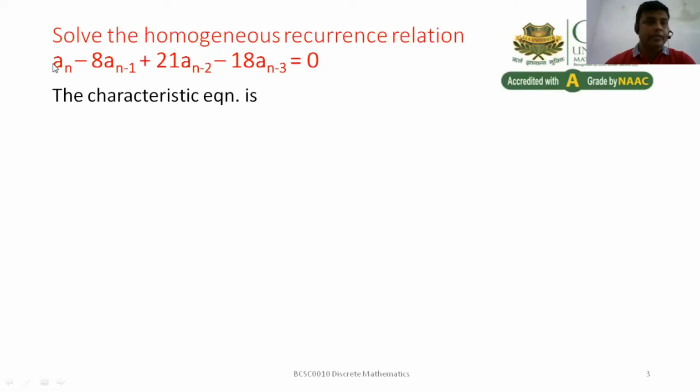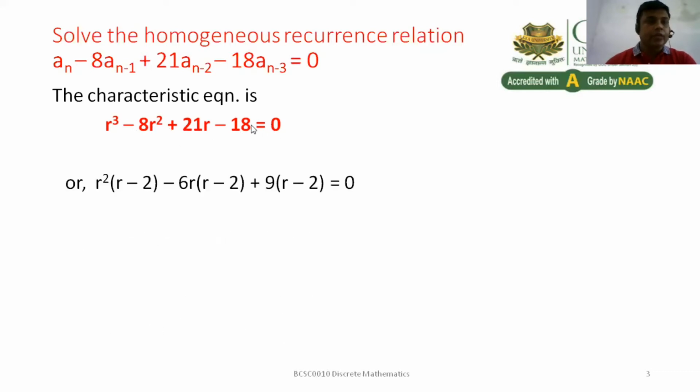The value of c0 is 1, the value of c1 is minus 8, the value of c2 is 21, the value of c3 is minus 18, and the value of k is 3. Therefore the corresponding characteristic equation will be r cube minus 8r square plus 21r minus 18 equals 0.